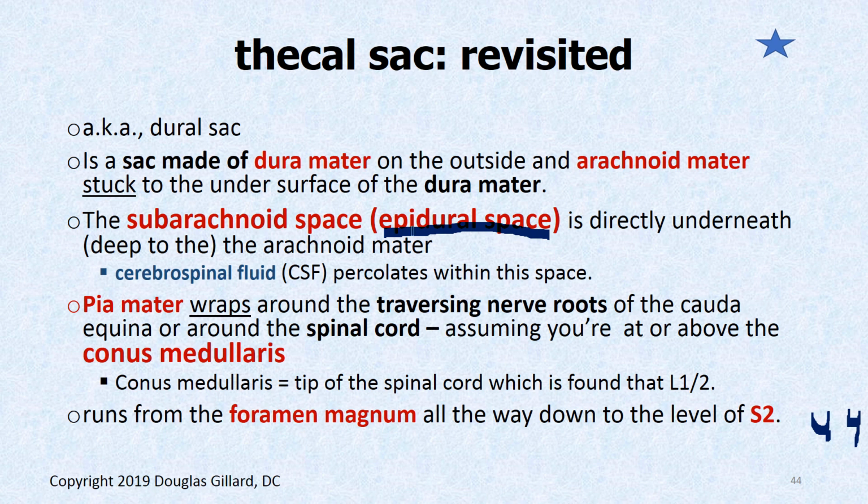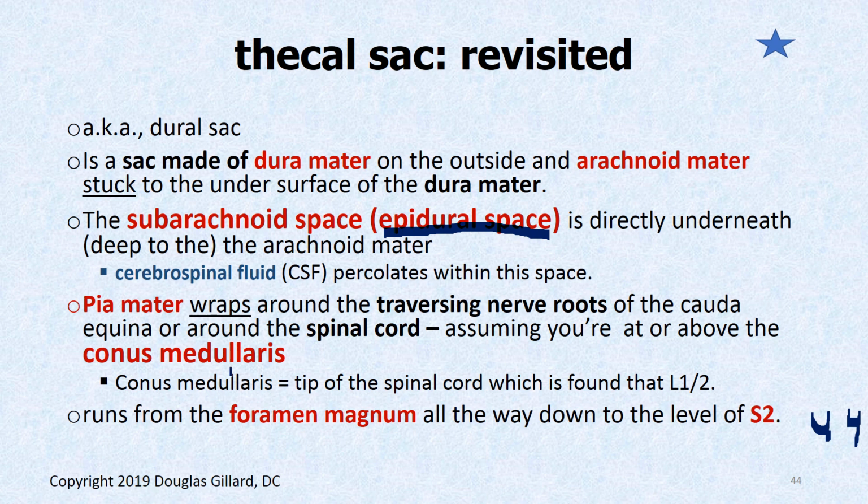Yeah, epidural space means it's outside, and that's where epidural injections go. Intrathecal would be an AKA for the subarachnoid space, because the subarachnoid space contains cerebrospinal fluid. Yeah, I'll fix that. Surprised no student has caught that. It's been there for quite a while. Pia mater wraps around the traversing nerve roots. We already said that.